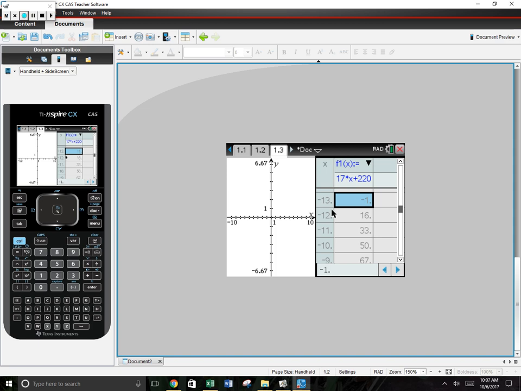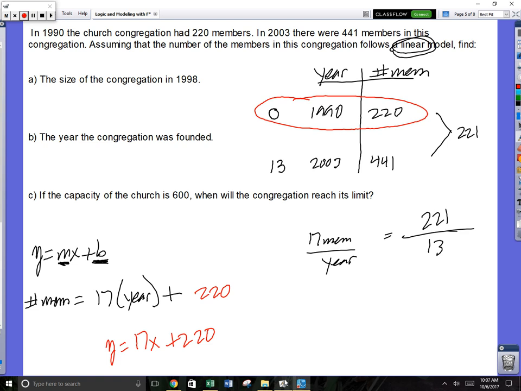So this is going to be the original year right here. So the original year I had 16 people, and it was back 12 from when I started, when I set 1990 equal to 0. So if I go back 12 years, I've got an original member of 16.